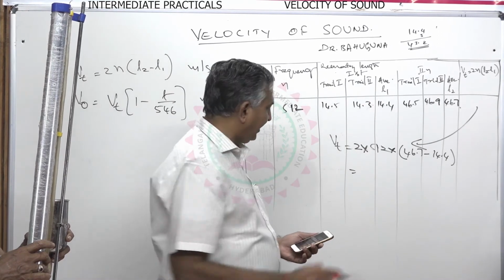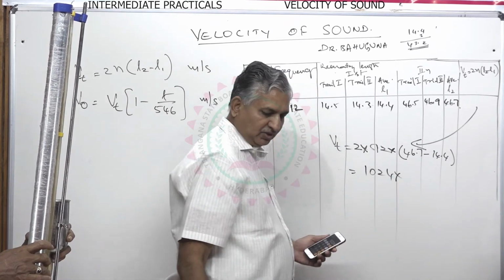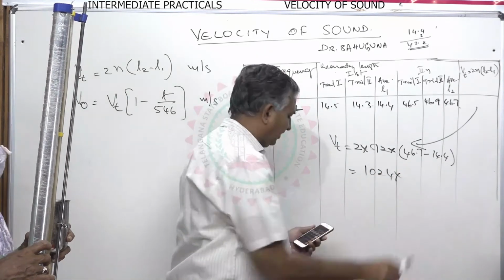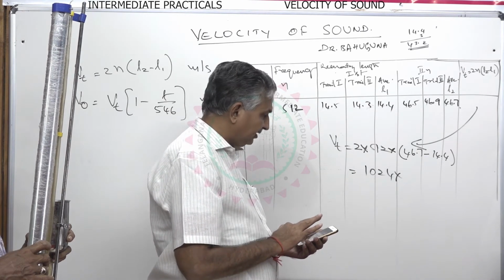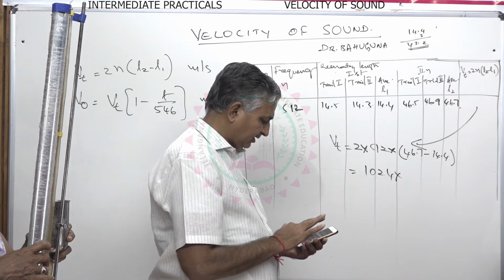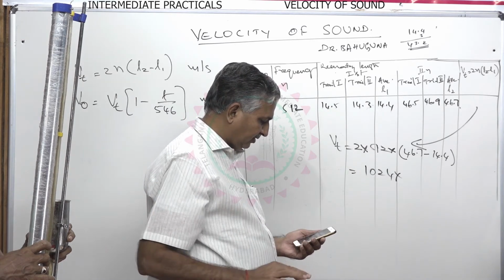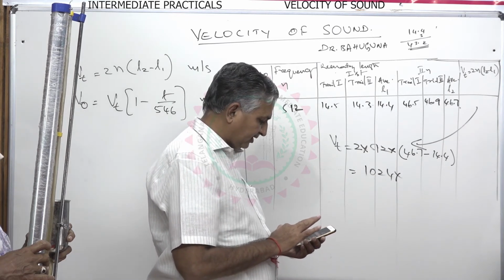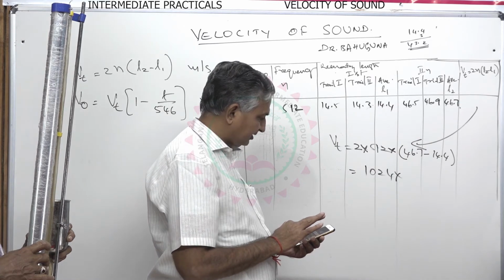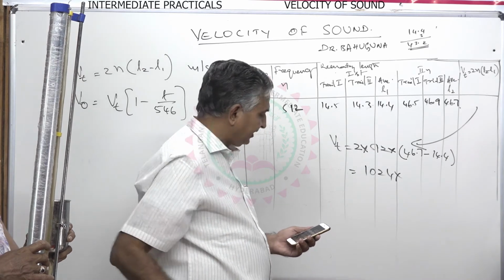So this is coming as 1024 into, and what is this value difference? 46.7 minus 14.4, so it is 32.3.